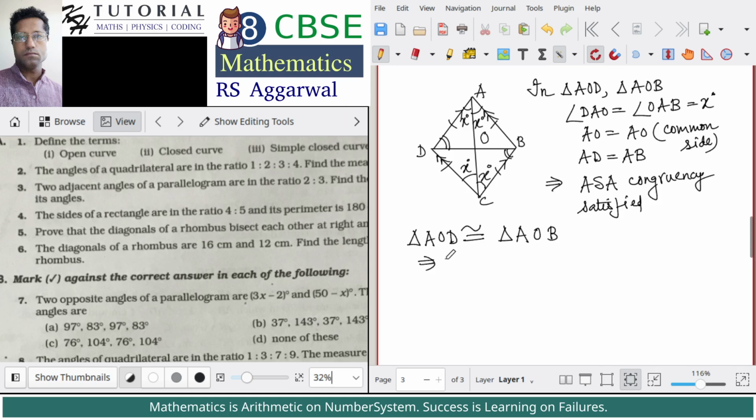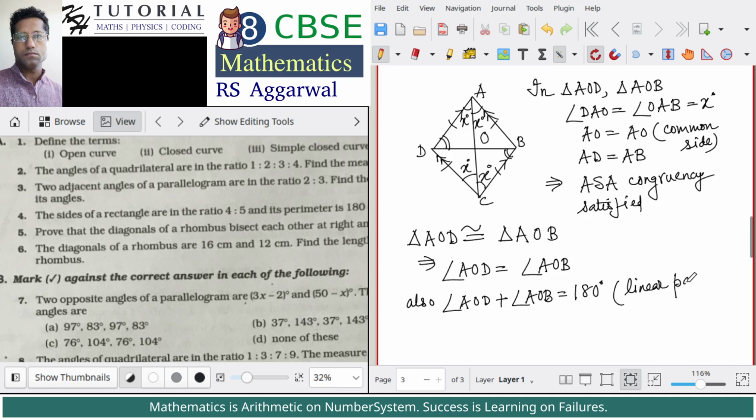So this will imply that angle AOD should be equal to angle AOB. Also angle AOD plus angle AOB is equal to 180 degree, as these two angles are a linear pair.